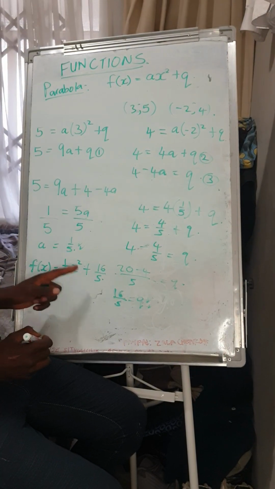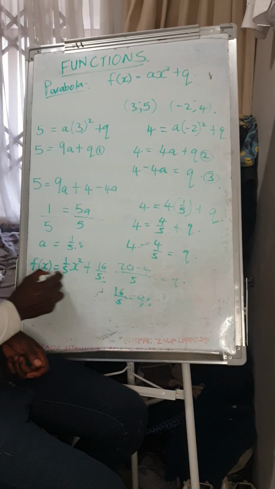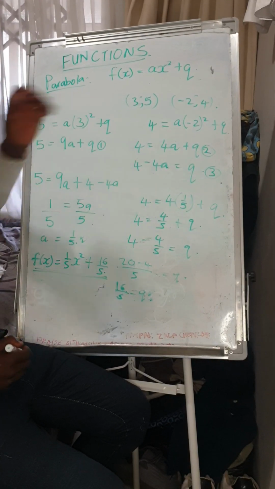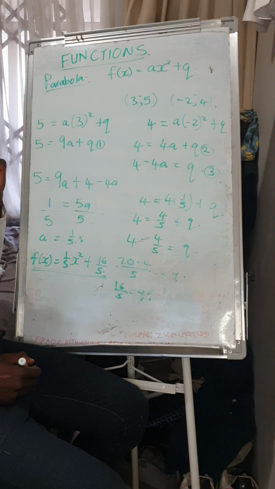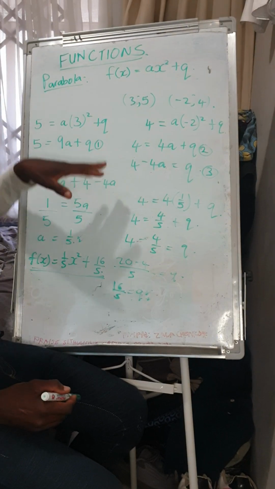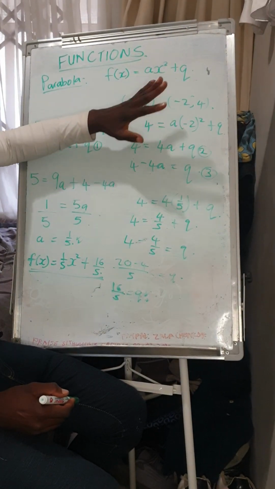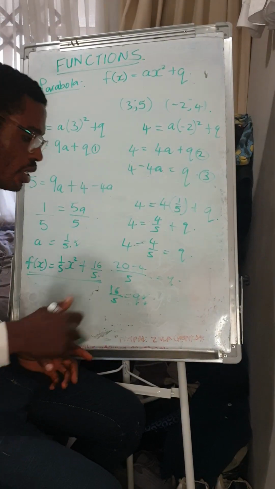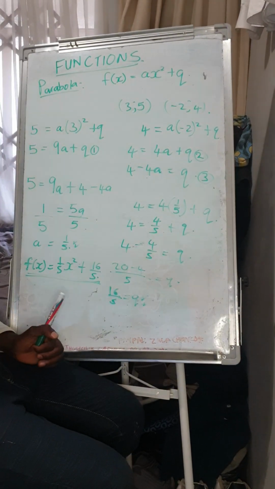This is your equation. Now you are done. I explained on the other side that they'll tell you how they want the equation to look, in the form of f of x equals ax squared plus q, or in the form of y equals x squared plus q. That is about the parabola.